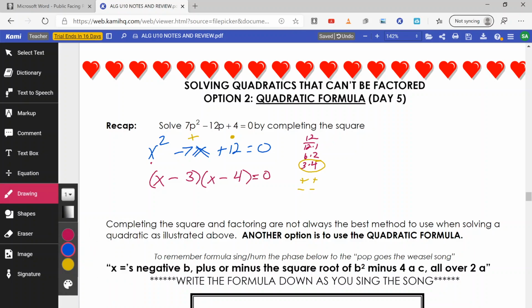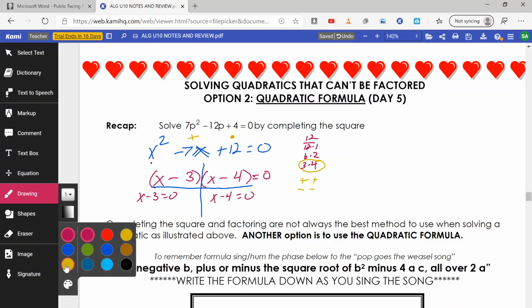So what we do now is we split it up with a t-chart, and each parenthesis is set equal to 0. So we have x minus 3 equals 0, and x minus 4 equals 0. Now we solve for x. We add 3 to both sides over here, and we end up with x equals 3.